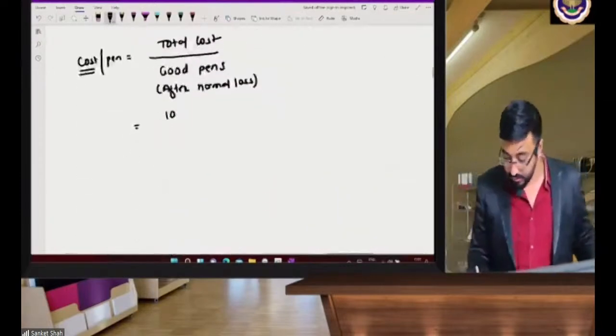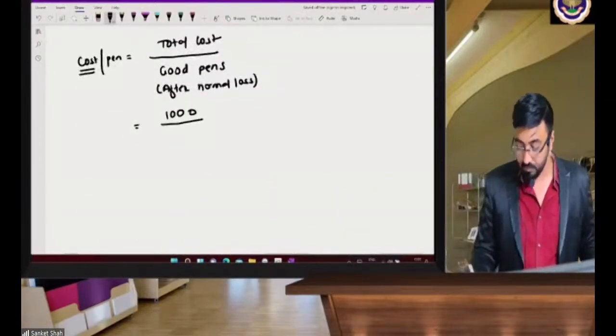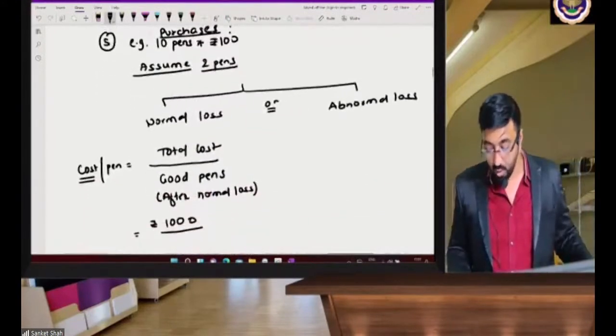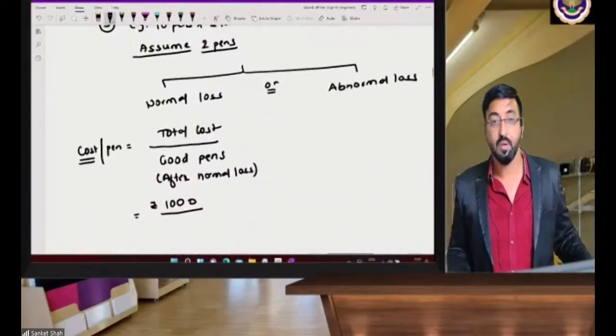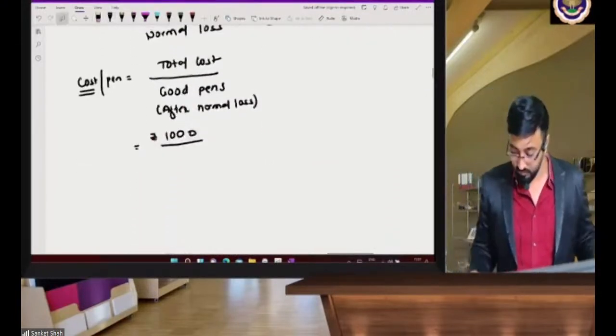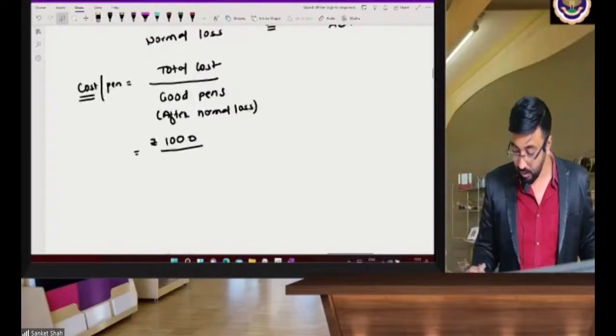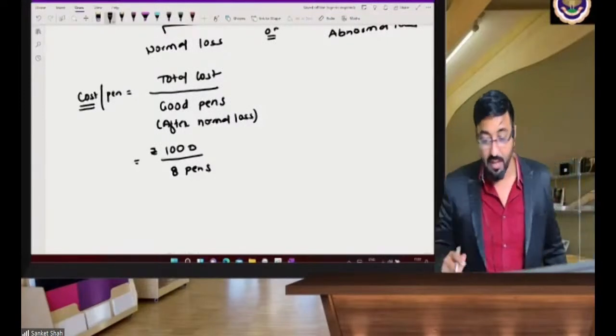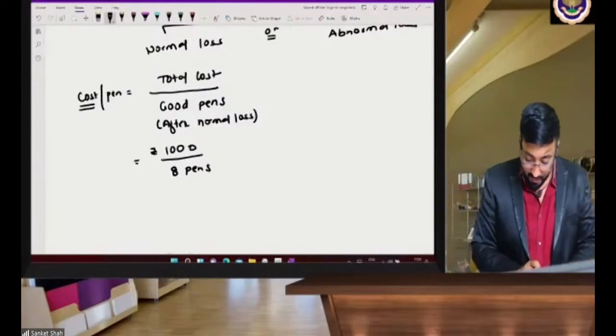So total is 10 pens into 100 each, this is 1000, divided by, here you will divide it by 8 pens only. Why?